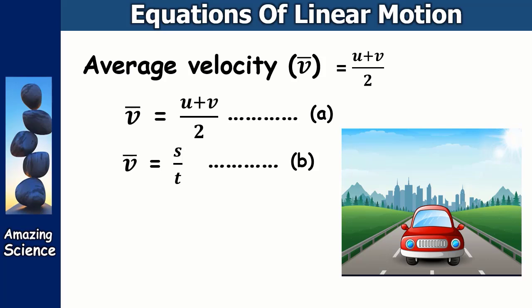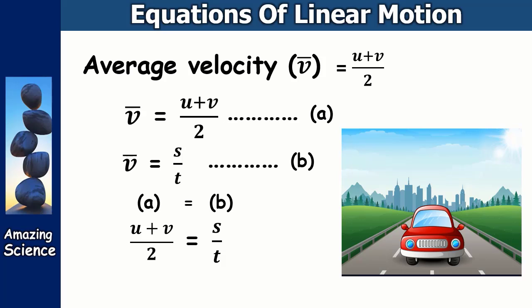Now when we look at equation A and equation B, we see that they are the same because both of them are expressing the average velocity of the body. And so we can say that equation A is equal to equation B. Equating these two expressions will give us u plus v divided by 2 is equal to s divided by t.